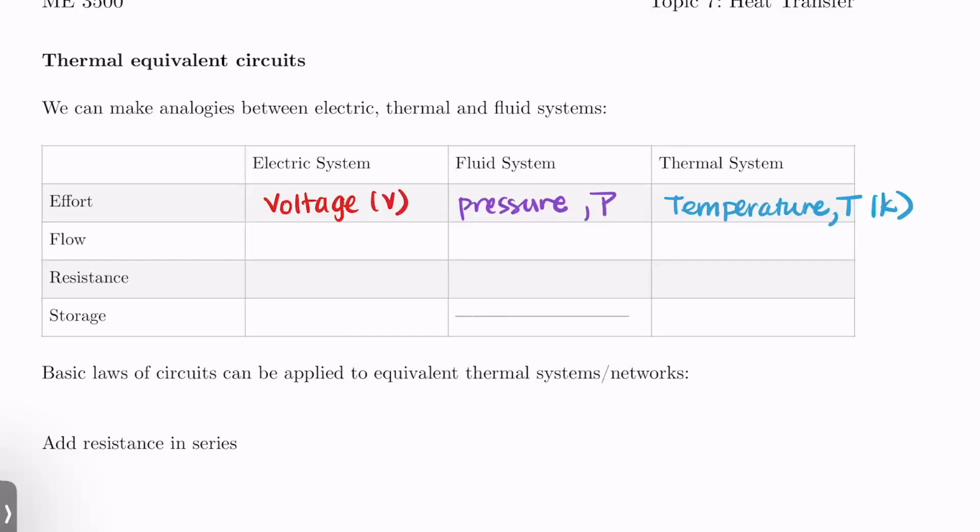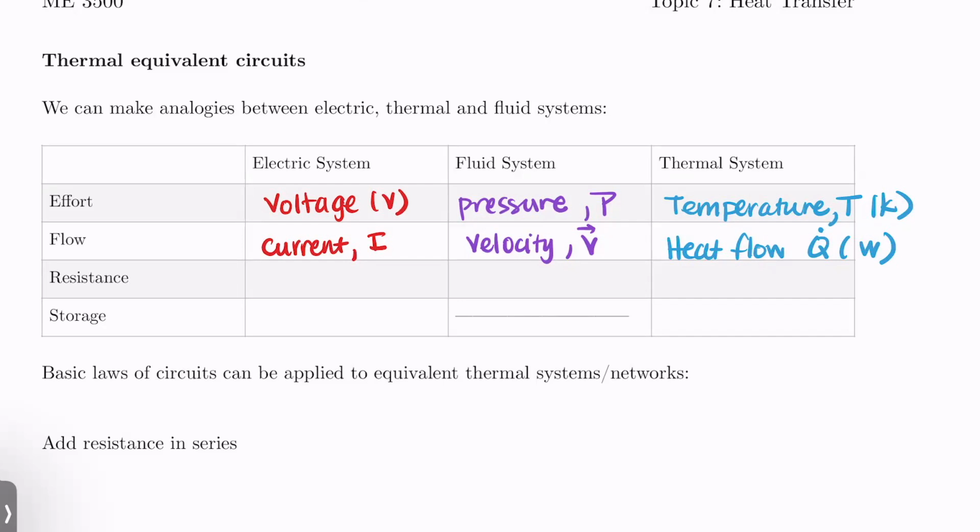Flow in an electric system is, of course, current, I. And in a fluid system, this is, of course, velocity, which we call V. And in a thermal system, this is heat flow, or Q dot. This has units of watts.